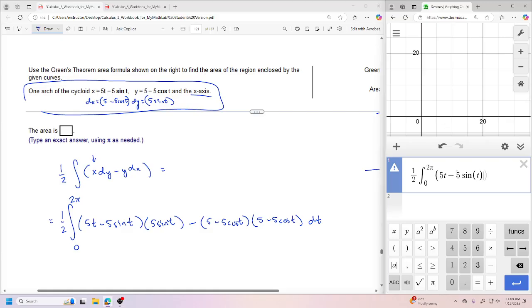Isn't Desmos so nice? You would have had to do that by hand. Sine cosine thing, yeah. And this guy would have a square, I believe. Are these, hold on, did I do this right? Are these the same? I think so. That's weird. Okay.